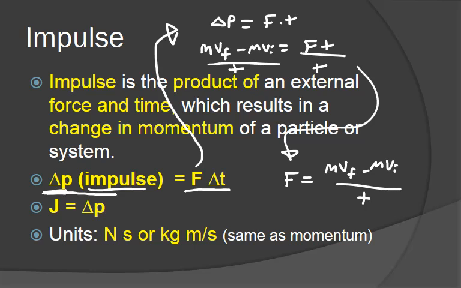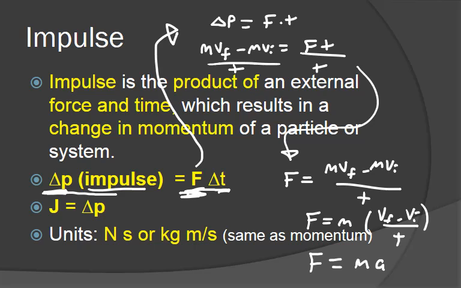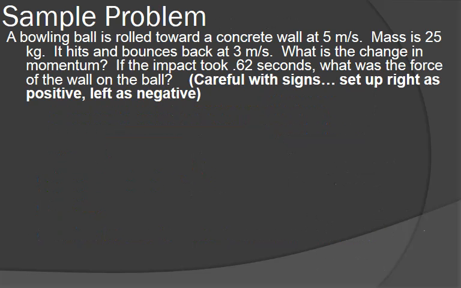And if we factor out mass, we get F equals m times (v final minus v initial) over time. And that's acceleration, ma. So it takes a force over a period of time to change the momentum of an object. And so that's critical there.